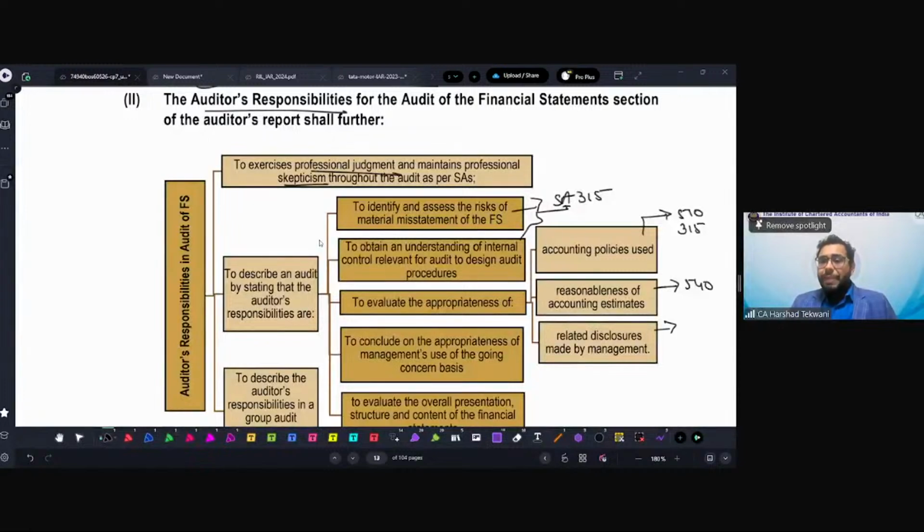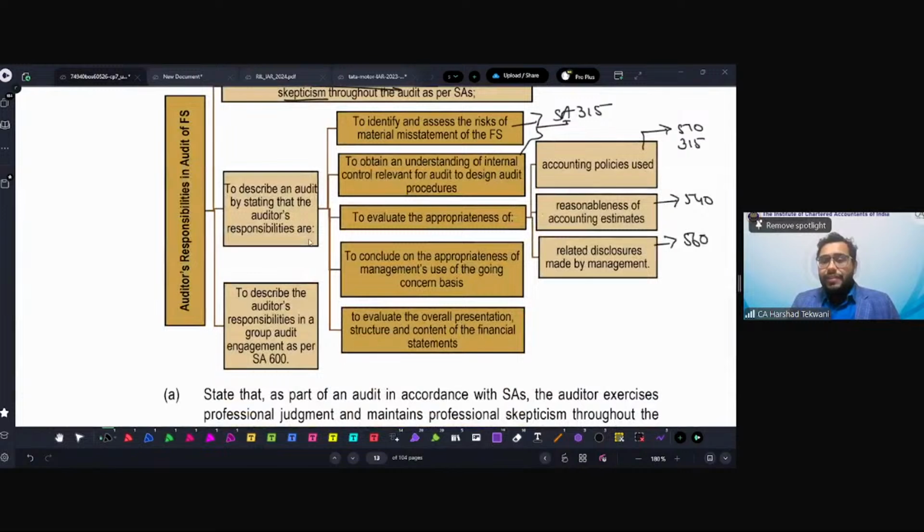Related disclosures by management. Now, again, that would include disclosures related to the subsequent events, which will be 560 also. Appropriateness of the management use of going concern, this is 570. Evaluate overall presentation and structure of financial statement with respect to the fair presentation framework and everything, which is there in SA 700 itself.